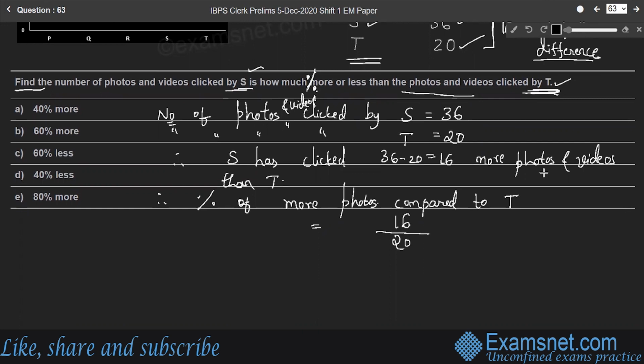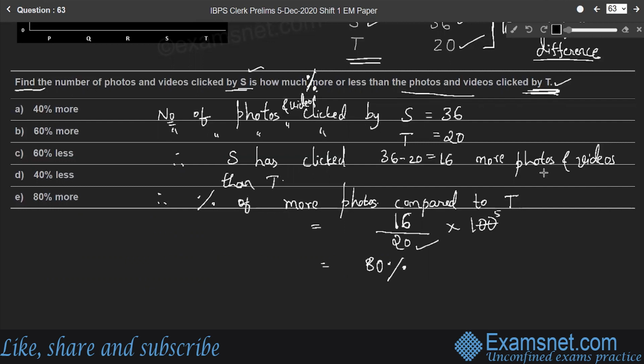That means if T has clicked 20 photos and videos, S has clicked 16 more. Therefore, for 100, what is the value? It is 20 into 5 is 100, so 80. That is 80%.